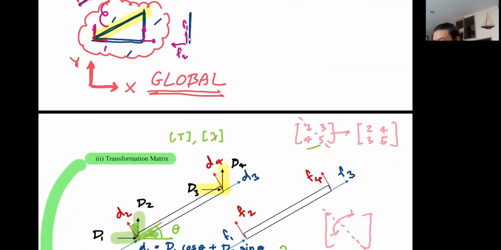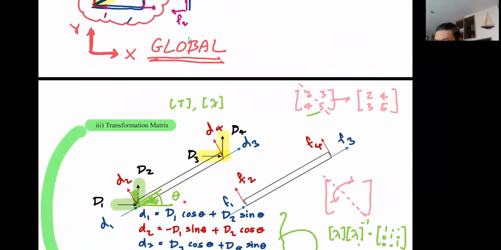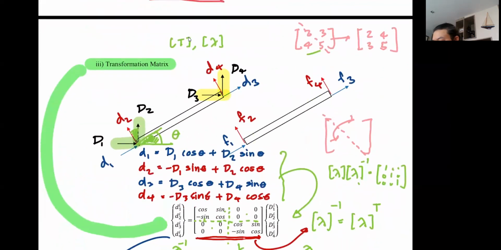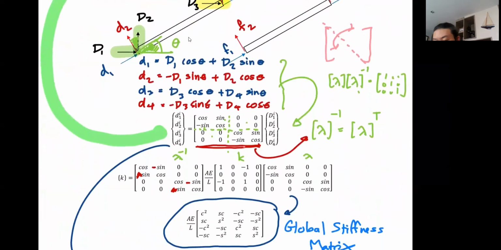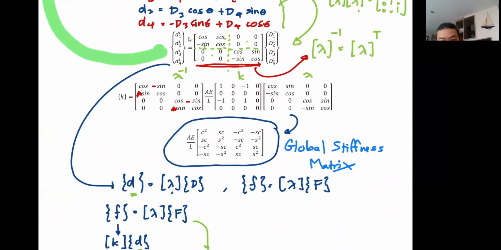As long as you can identify the orientation in terms of theta, you can now write the stiffness matrix of each member in the global direction by using this.